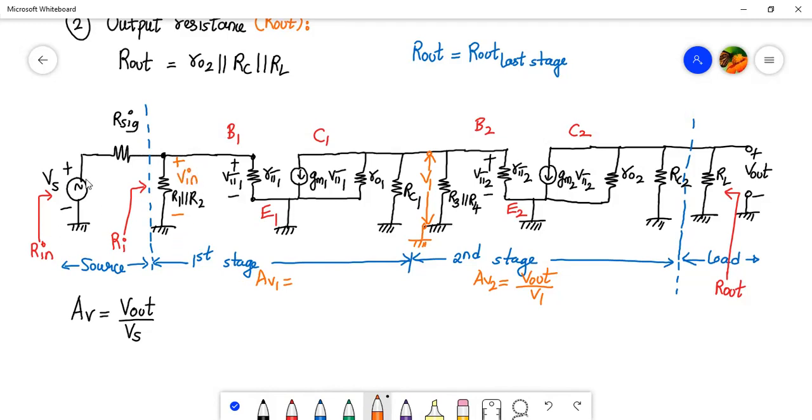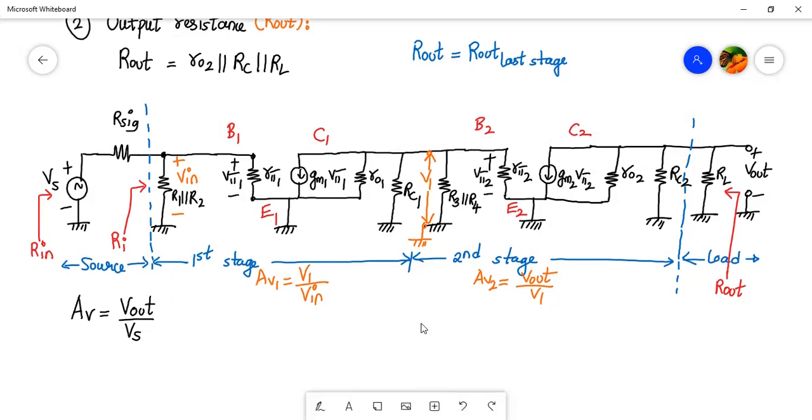Because Vin and Vs are not the same. They differ, as we have Rsig in between. If Rsig is 0, then Vs and Vin are the same, right? What about Vin and Vs? Between Vin and Vs, we have a voltage division. Okay. So we have to find out that voltage division, what it is.